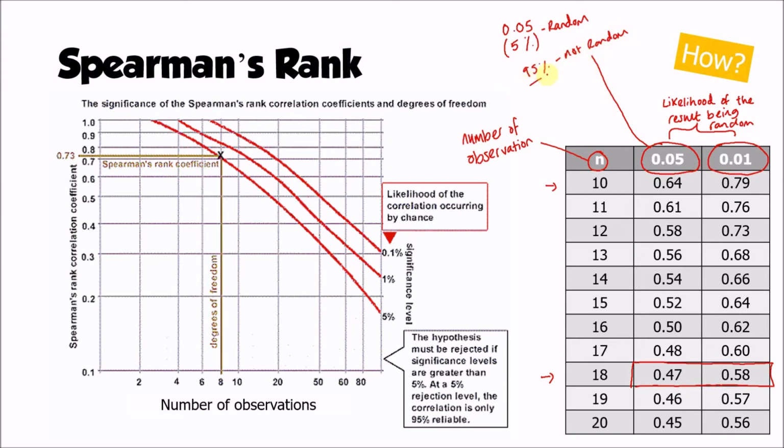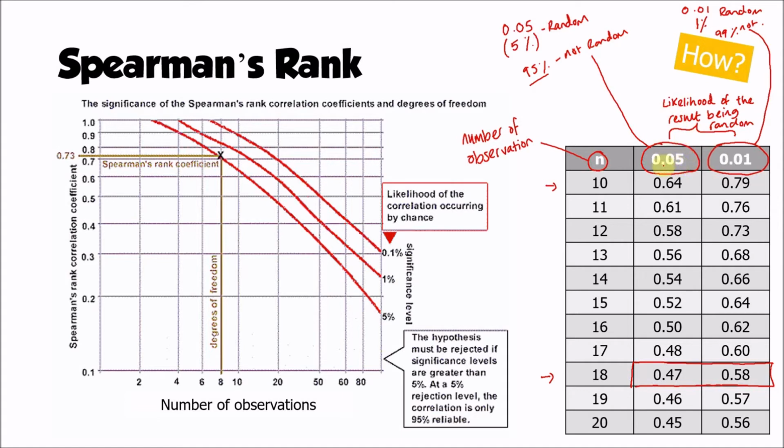You can be 95% confident because there's a 5% chance that it could be random. 0.01 is the same as 1%. So if there's a 1% chance that it's random, there's a 99% chance that it's not. So that's how those 2 numbers relate to this idea of confidence.